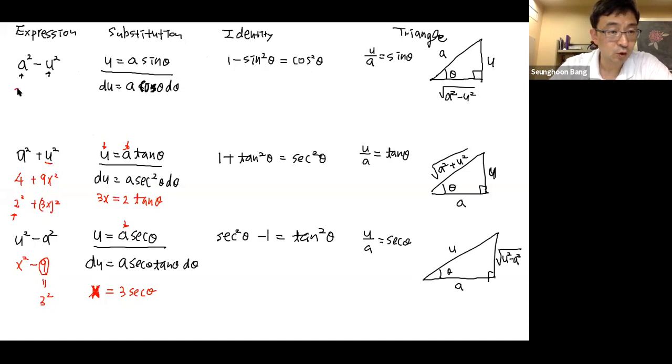The 2 squared minus x plus 1 squared. Was it like u? u equals x plus 1. So a equals 2. You can substitute. So u is x plus 1 equals a, which is 2 sine theta. So we have it. x plus 1 is 2 sine theta. You can use this rule.